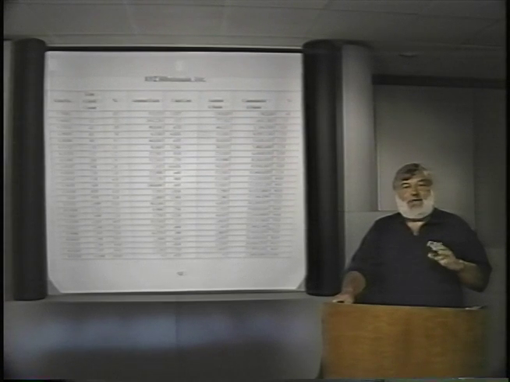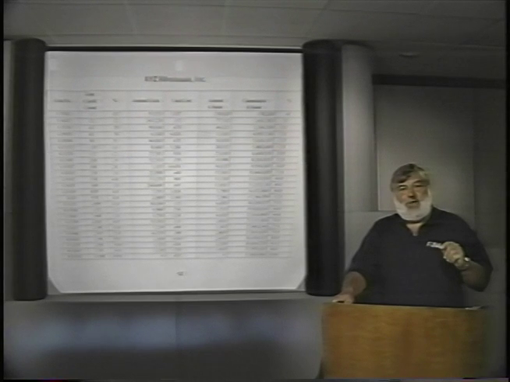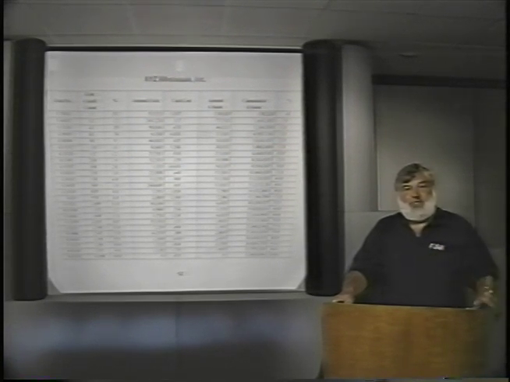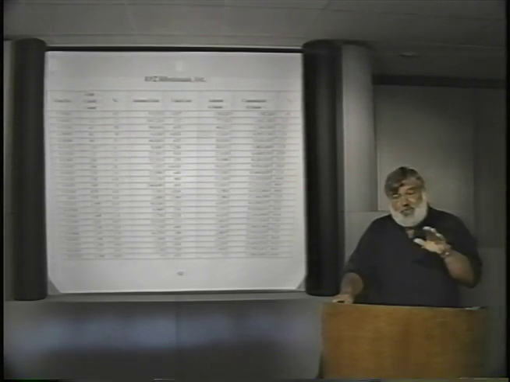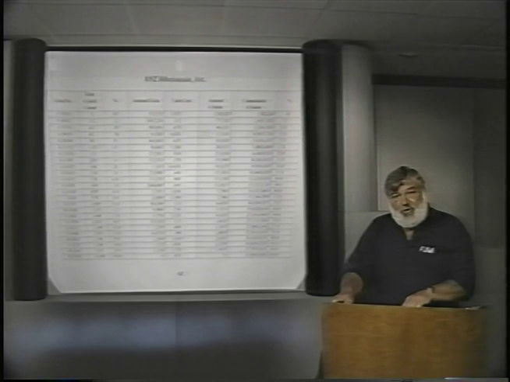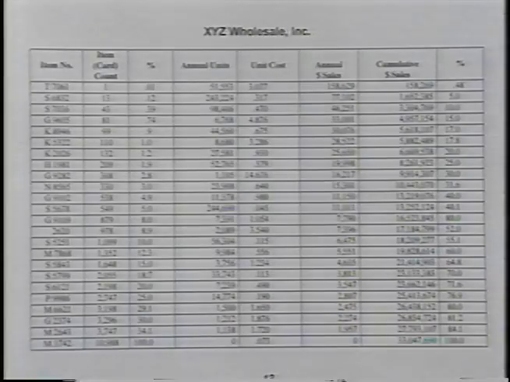The A item, by definition, says 20% of my part numbers may represent 70 to 80% of my cumulative usage value. So what I would do is I'd go down that third column from the left until I found 20%, and then I would read across, and in this case, the cumulative percent is 71.6%.